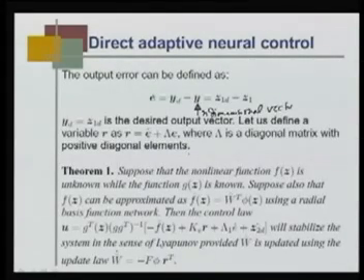Theorem 1: suppose that the nonlinear function f(z) is unknown while the function g(z) is known.